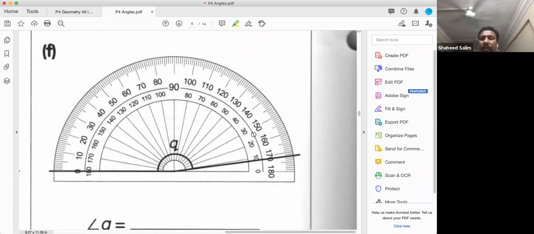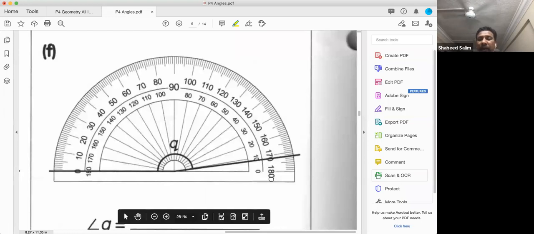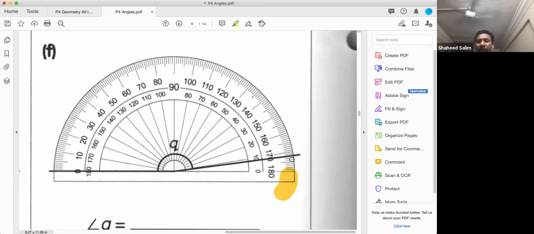Oh, the maximum angle is 180. How come you can go more than 180? Cannot be. You see 180, if you go back it's 170. How come you go back 188? Come on. Counting wrongly. You start from here, right?